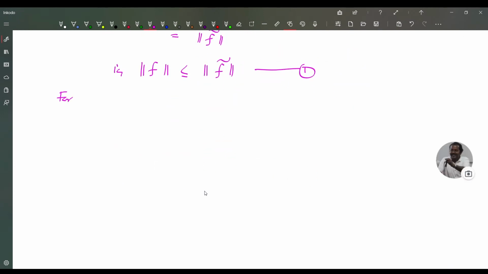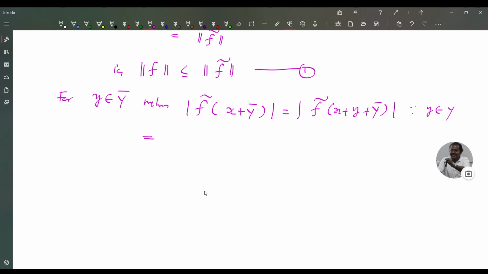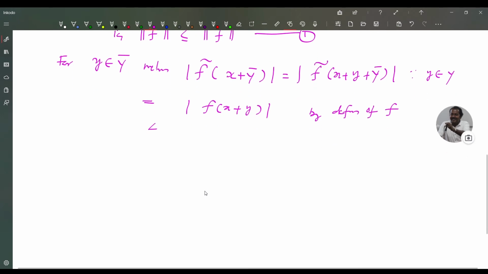Now for y belongs to Y closure, we have modulus of f tilde of x plus Y closure. This is equal to modulus of f tilde of x plus Y closure since y belongs to Y, and this is equal to modulus of f of x plus y by definition of f, and this is less than or equal to norm f into norm x plus y.